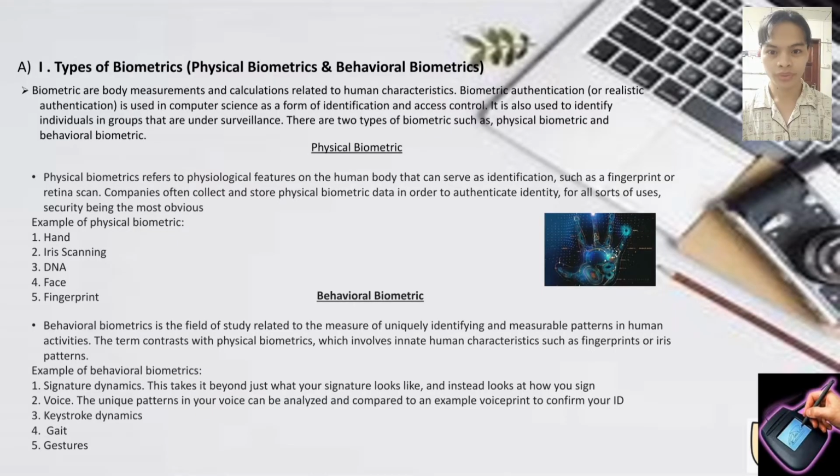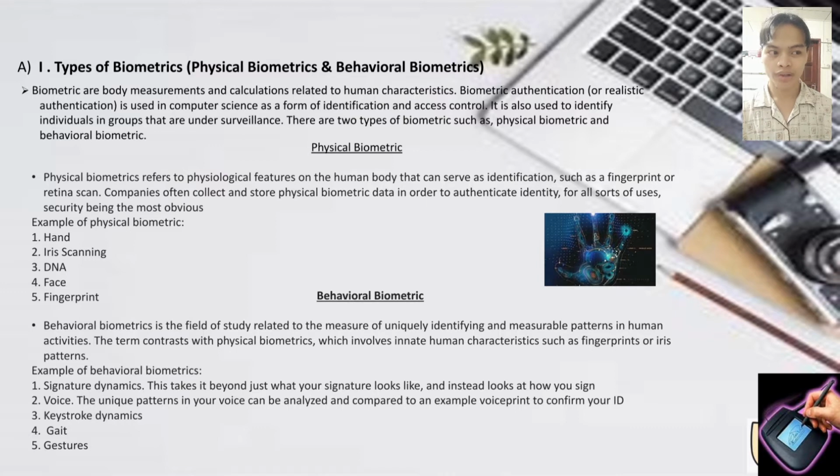First question is the types of biometrics: physical biometric and behavioral biometric. Biometrics are body measurements and calculations related to human characteristics. Biometric authentication is used in computer science as a form of identification and access control.